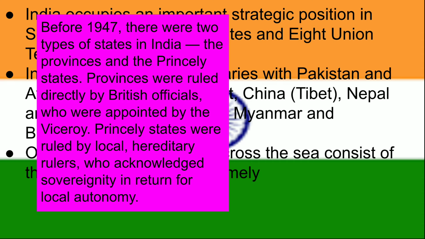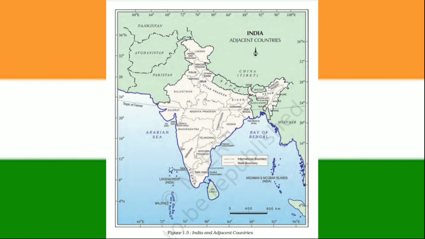Princely states were ruled by local hereditary rulers who acknowledged the sovereignty in return for local autonomy. This is the figure 1.5, which shows India and adjacent countries.